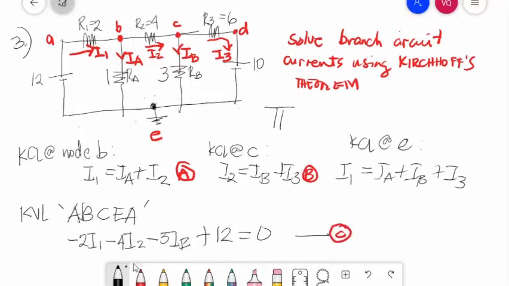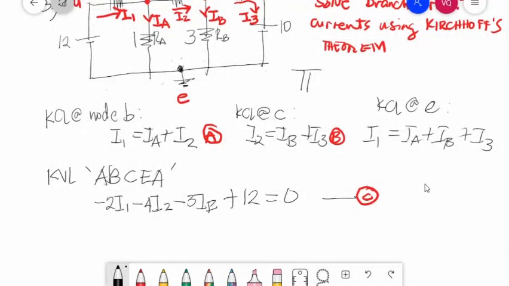So, formulating now another loop, B, C, D, E, B. KVL, B, C, D, E, and B. So, I will get the same direction, 4I2, minus 6I3, then minus 10, then this is IA.